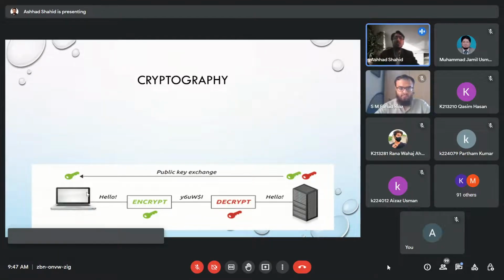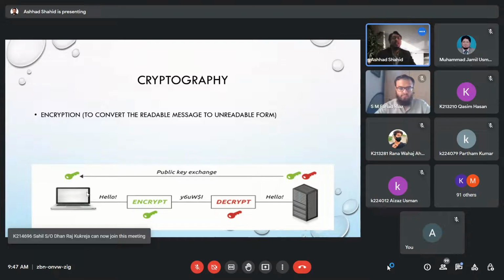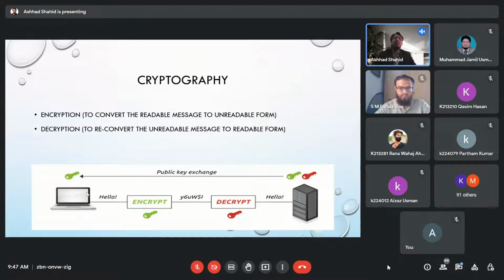So how does cryptography work? Encryption is the process of converting a readable message, one that can be easily read, to an unreadable form. Decryption is basically to reconvert the unreadable message to readable form.